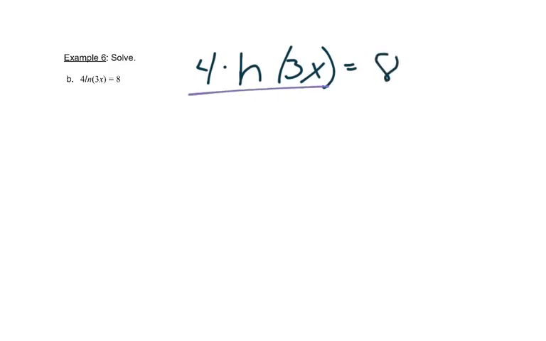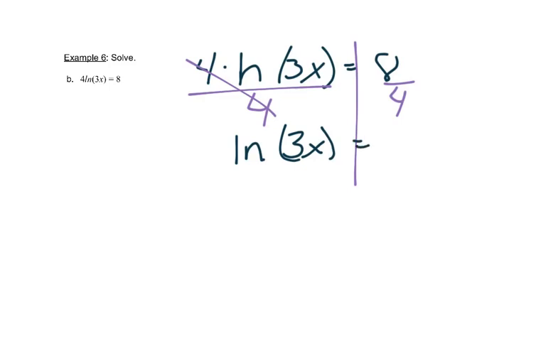So here, this log has a 4 in front of it. That really means 4 times ln of 3x. So we can't do anything until we get that 4 gone. So we're going to divide by 4. And then we can rewrite it in exponential form. Remember that ln tells us really there's an e there.